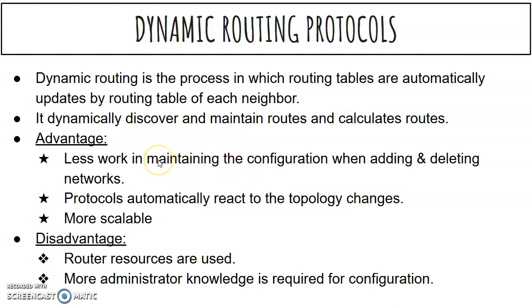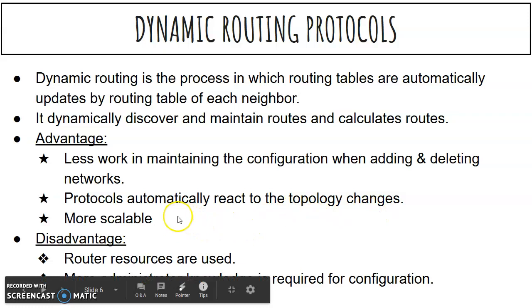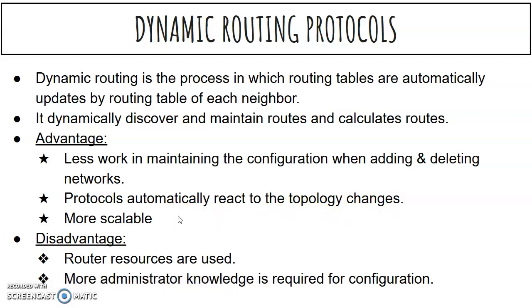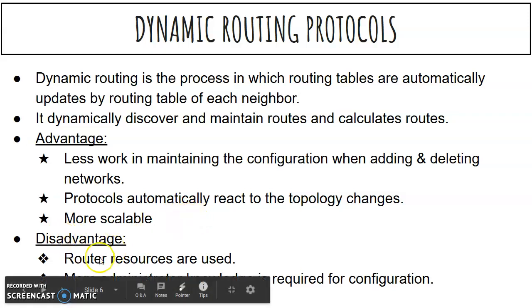Because of that, we see the advantage of less work in maintaining the configuration when adding and deleting networks, because the routing information and the routes are automatically being updated and added. So the human effort is removed, and because of this automatic updation, the protocols automatically react to the topology change, and therefore it is more scalable. So it is suitable for larger networks, and it becomes easy to maintain and find routing information in them.